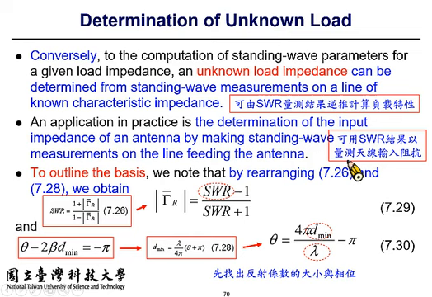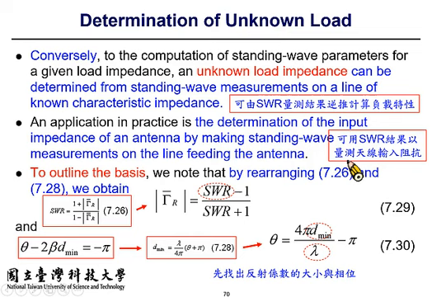Conversely, to the computation of standing wave parameters of a given load impedance, an unknown load impedance can be determined from standing wave measurements on a line of non-characteristic impedance. So starting from this slide, we will try to implement a more realistic scenario for standing wave measurement.